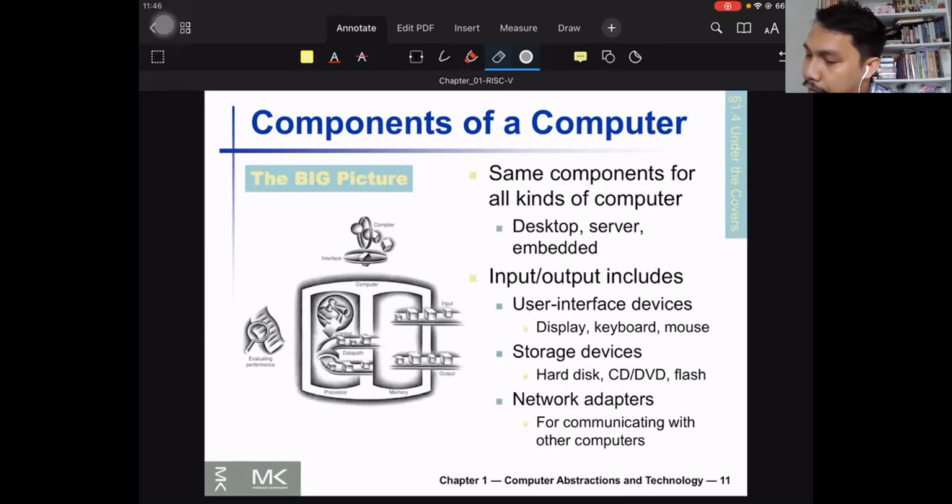We have the user interface devices, input, output. When we were young, there were four components of a computer: input, output, storage, and processor, or memory and processor. Now network adapters are included too.